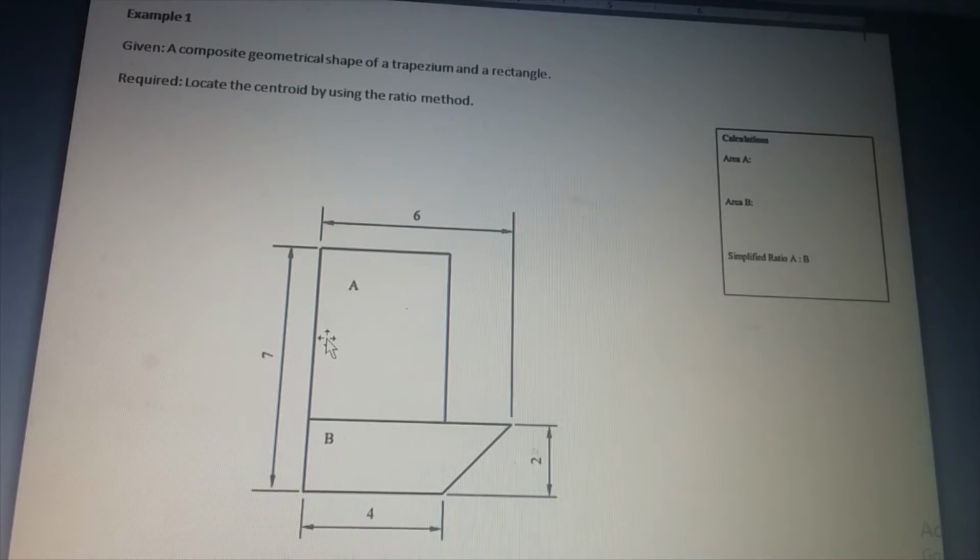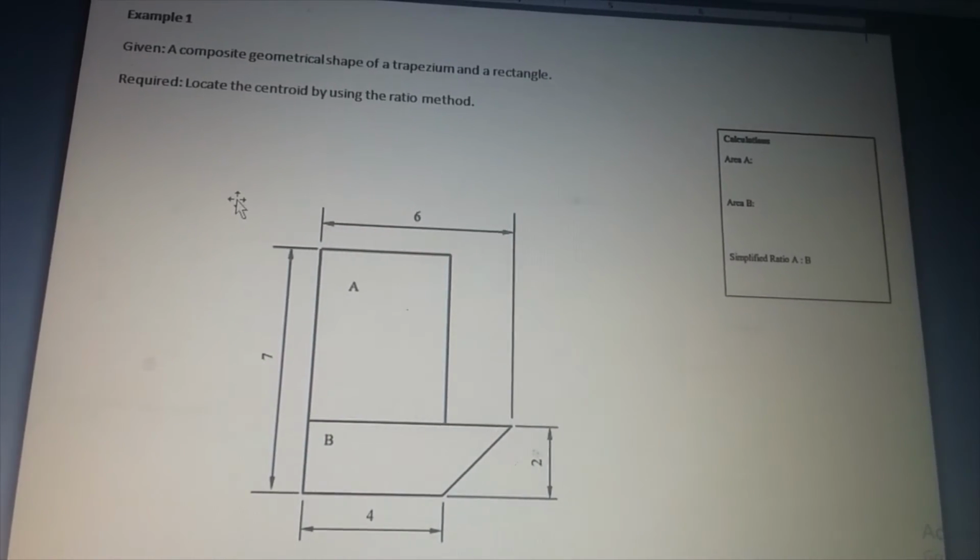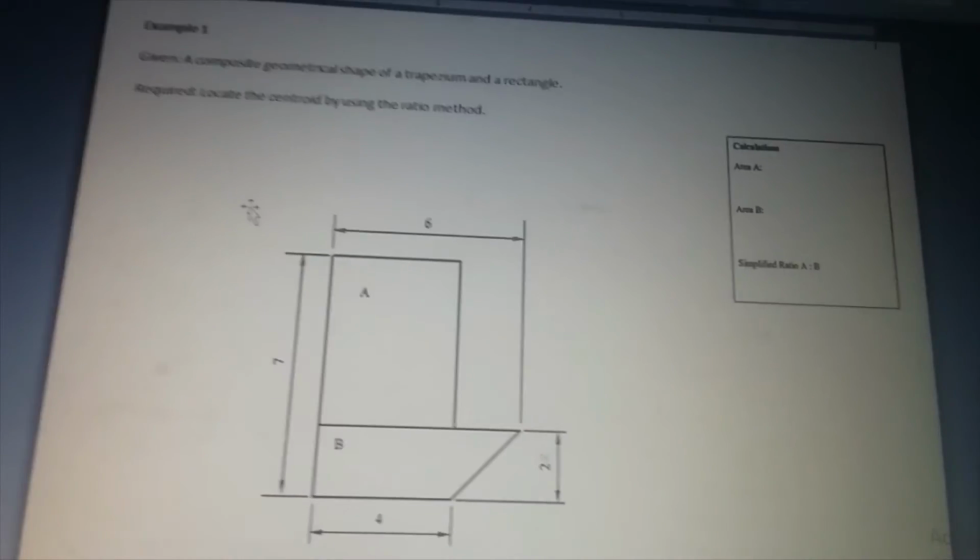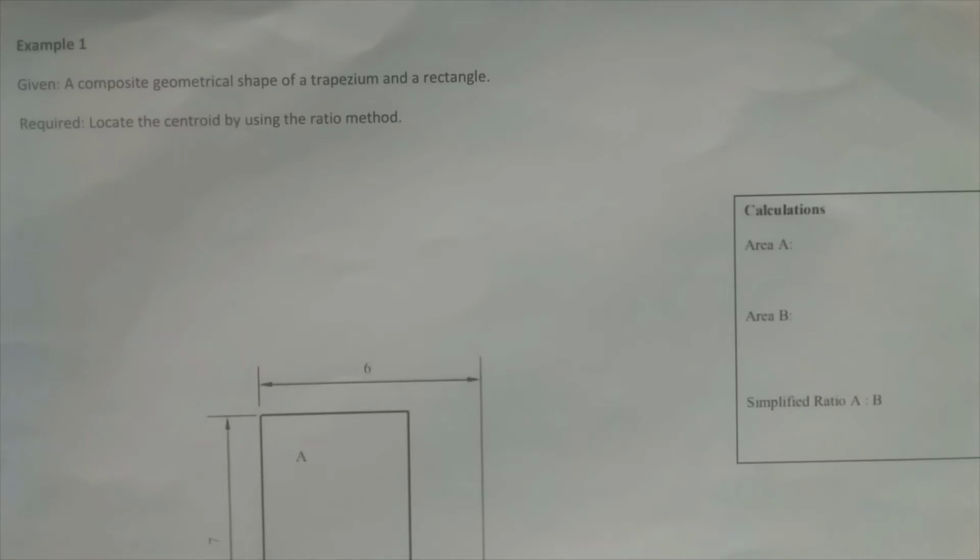Okay, looking at this example here. You are given a composite geometrical shape of a trapezium and rectangle.